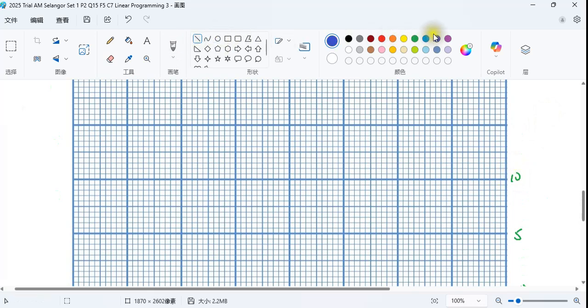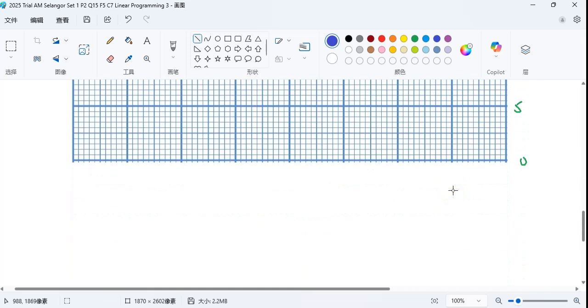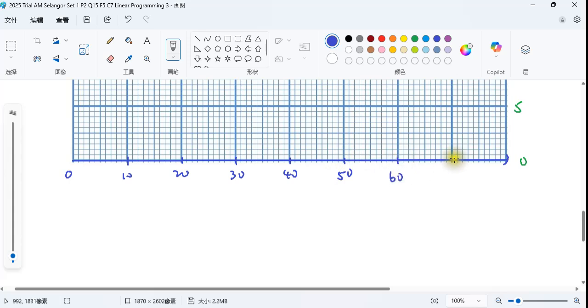No need to write everything, just draw. So for this one we have 0, 10, 20, 30, 40, 50, 60, 70, and 80.